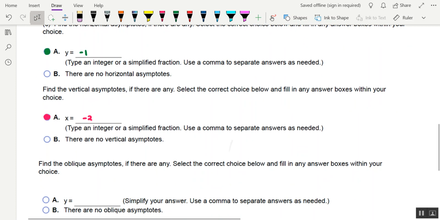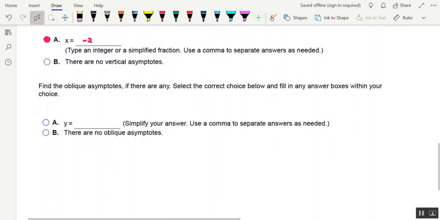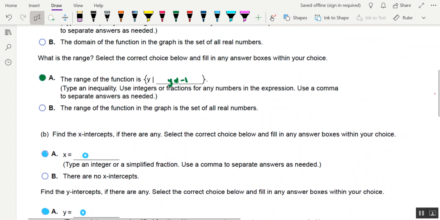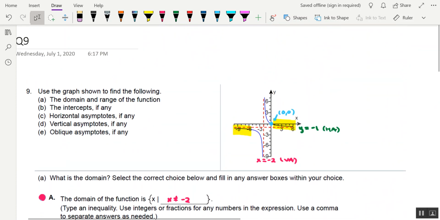And then for oblique asymptotes, these can show up as a couple of different things. One, it could show up as a slanted line, and that slanted line would be dashed, much like the other asymptotes, or it could show up as a dashed curve. And if you look at our graph, there's none of that going on.